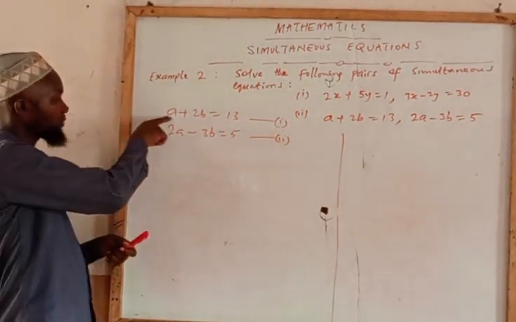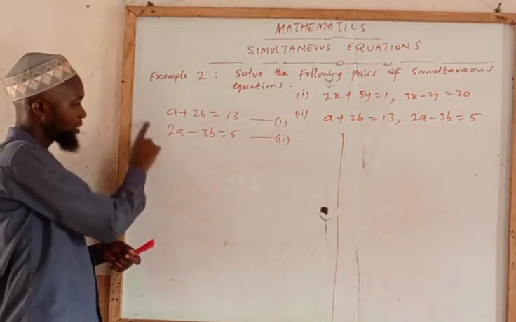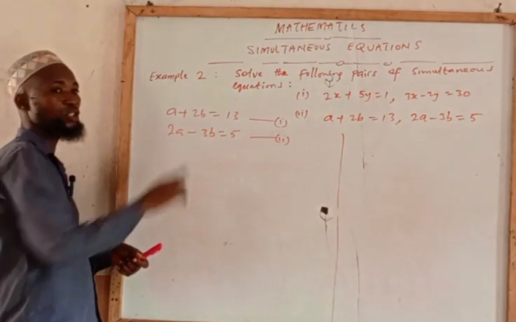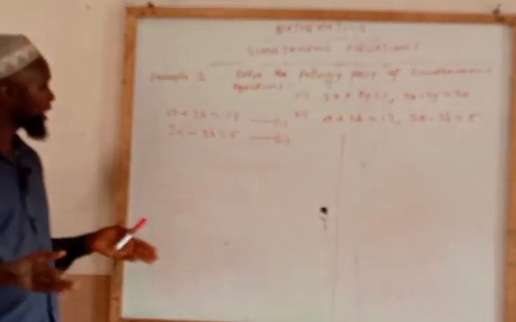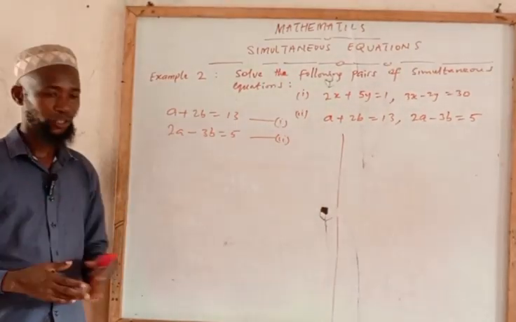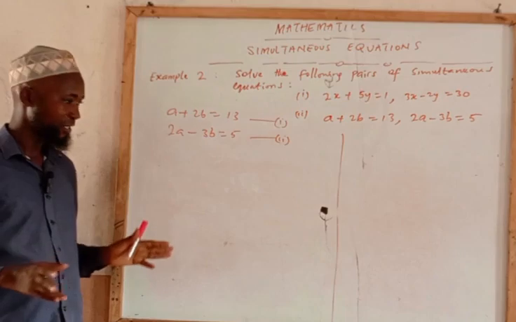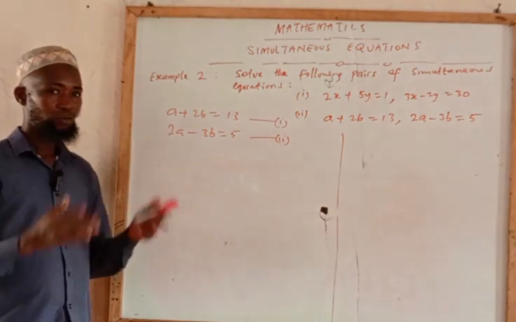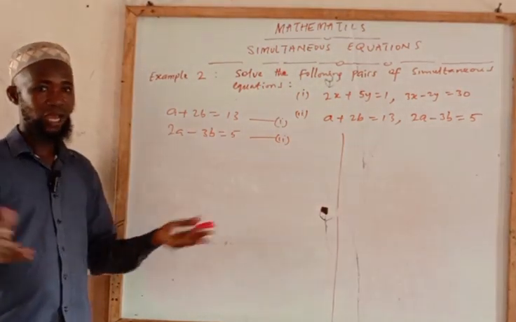The coefficient of A in the first equation is 1, while the coefficient of A in the second equation is 2. By the rule of the elimination method, the two coefficients are supposed to be the same. Once they are different, that means we are going to carry out a particular adjustment.